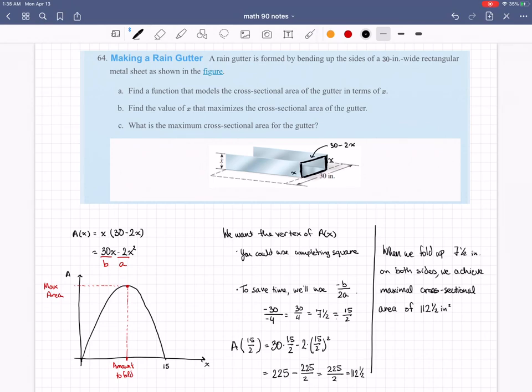The last thing that I will say to you here is when you have word problems, pay attention to your units. In this case, the maximal area is in inches squared, and the amount that we folded up is in inches.